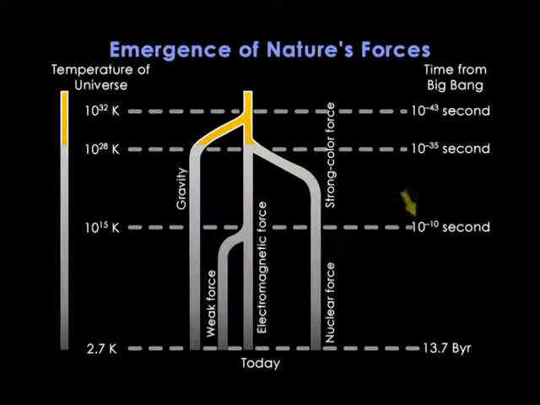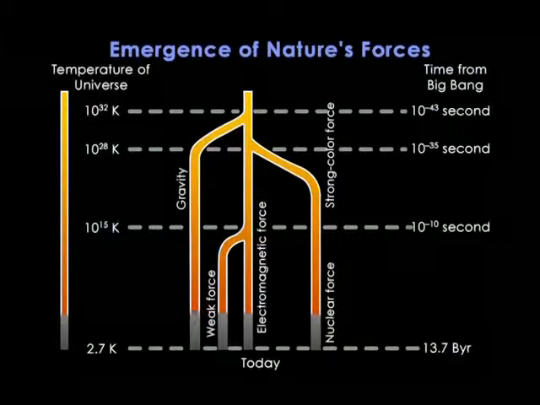And so by about 1/10 of a nanosecond, as the temperature dropped below 1,000,000 billion, that's 10 to the 15 degrees, the final separation of the weak and electromagnetic force was complete. And from that moment onwards until today, those forces, which are so crucial to everything we know, have remained essentially unchanged.